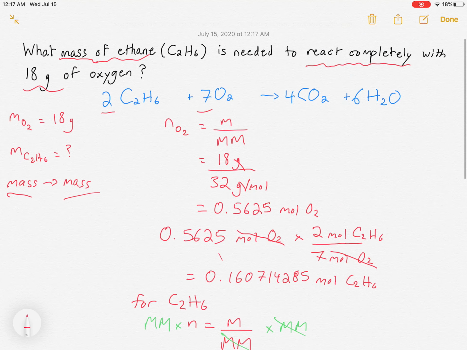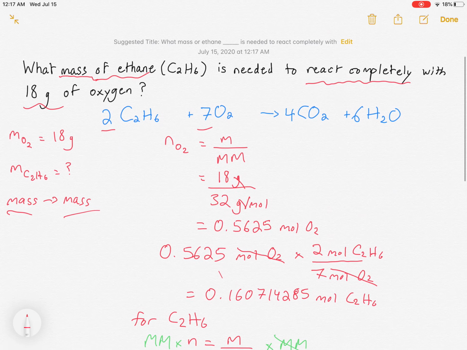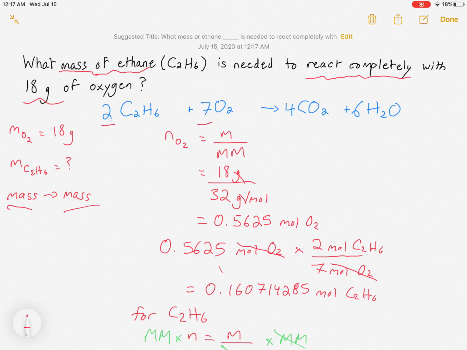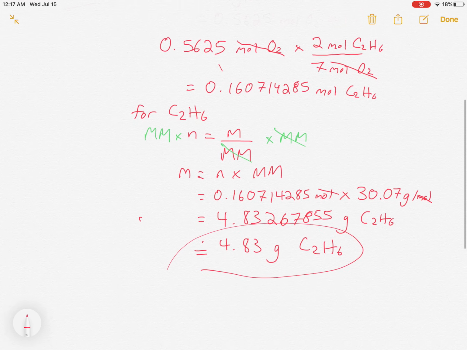So, to answer our question of what mass of ethane is needed to react completely with 18 grams of oxygen, we now know that when you have 18 grams of oxygen, if you want it to react completely and have a complete combustion reaction, you will need 4.83 grams of ethane.